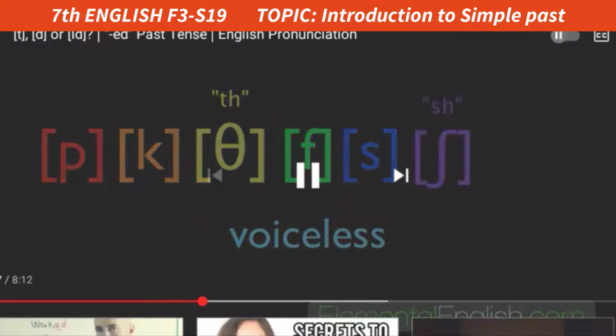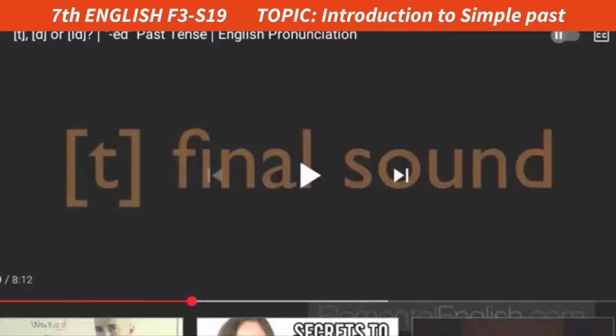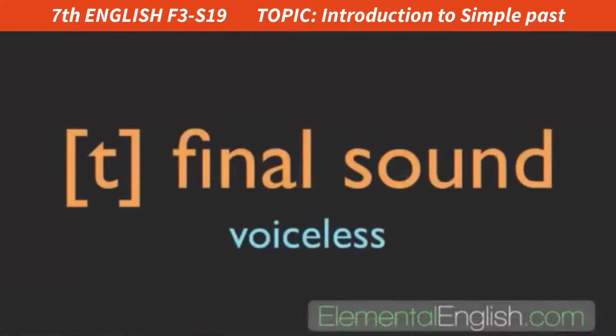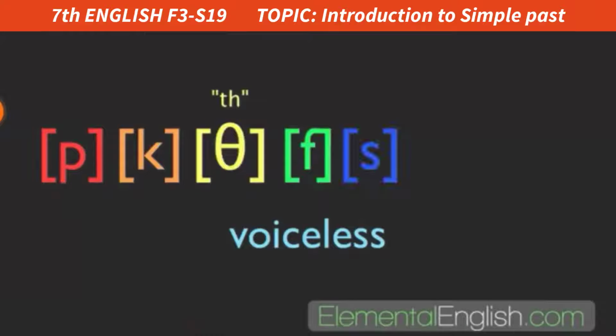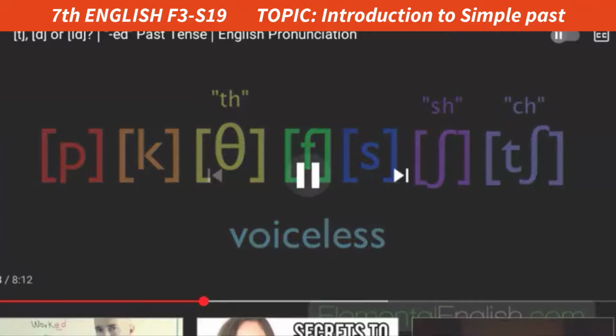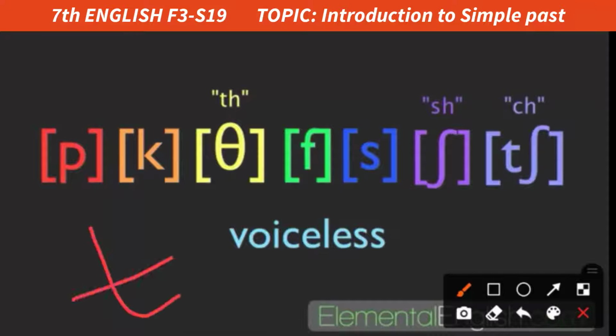Okay? When you listen to those endings, those final sounds, verbs ending in voiceless sounds, p, k, s, sh, ch, okay? When the word finishes in those sounds, you will pronounce the verb as a T, okay?